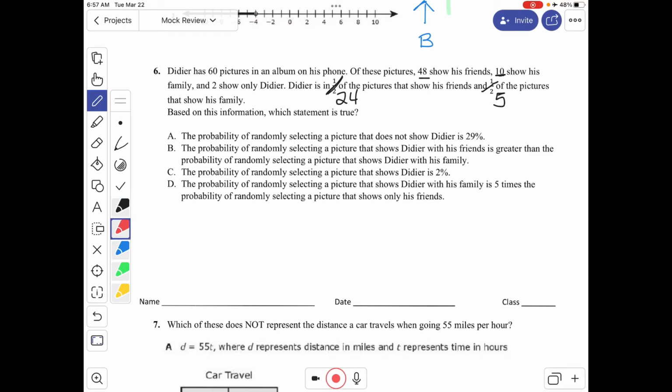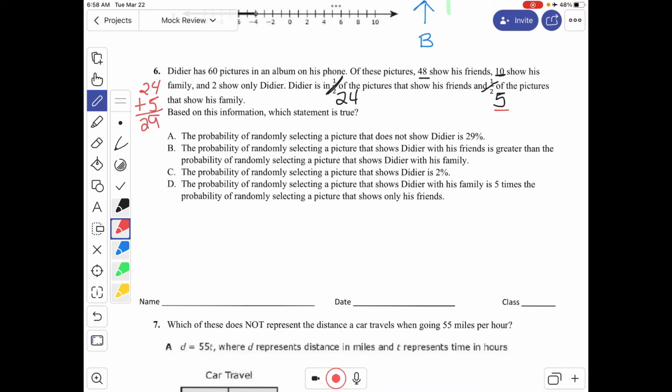Choice A says the probability of randomly selecting a picture that does not show Didier is 29%. Well, if he's in 24, then he must not be in the other half, which is 24. And if he's in 5, he must be not in 5. And if we add those together, we get 29.